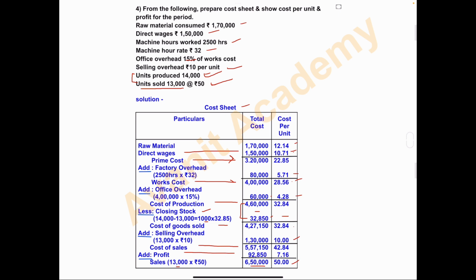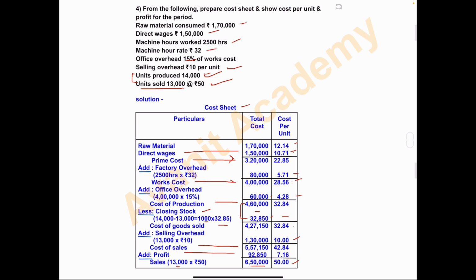Understood? First we have to take the sales, because in this problem they have given information related to sales. That is 13,000 into 50, you will get 6,50,000. Minus 5,57,150, and you will get the difference amount, that is 92,850, which is the profit.